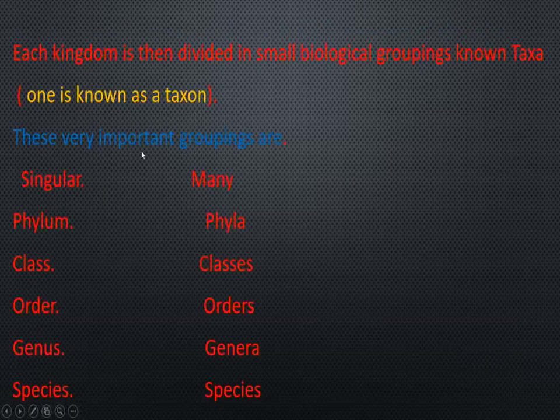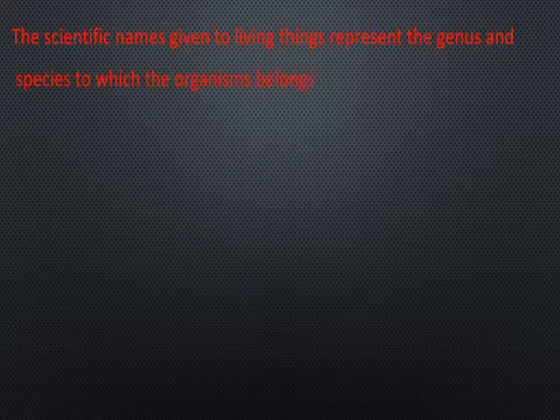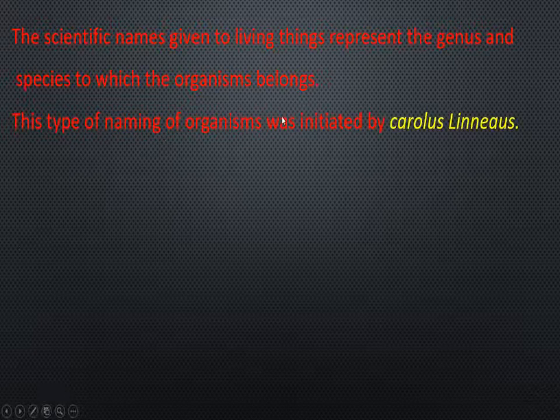The names are given depending on the genus and the species into which that organism belongs. That's what we are saying. Okay? So, this type of naming of organisms was initiated long ago by a man known as Carolus Linnaeus.